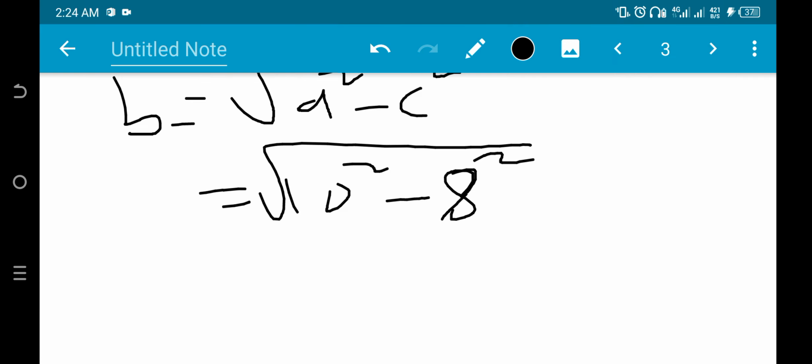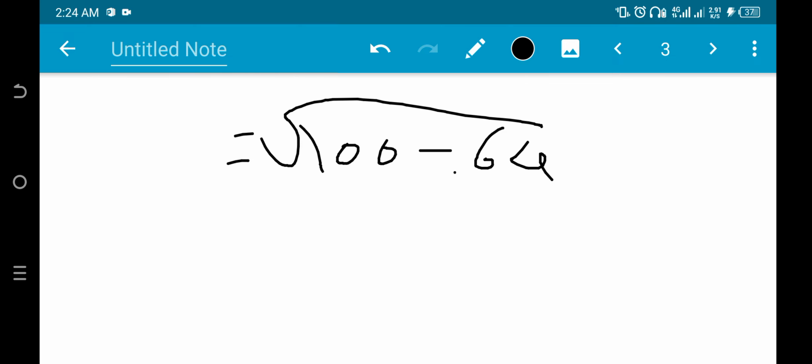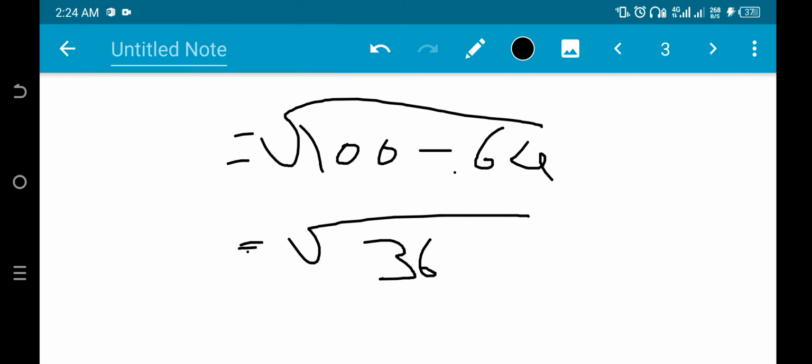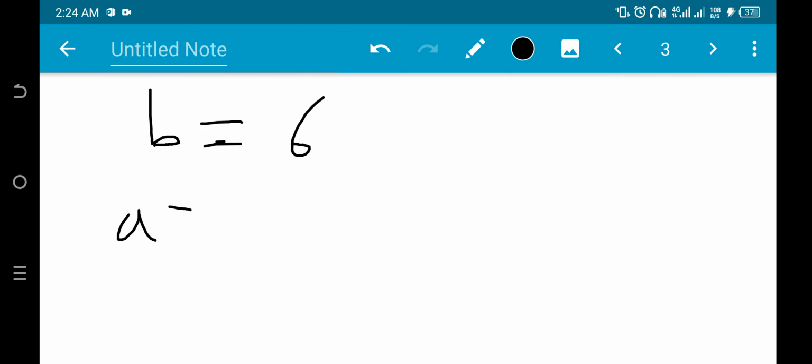This is just the same as 100 minus 64. So this will end up simplifying to what? The root of 36. So meaning b will equal to 6. This is our b. So now we know that b is 6, a is 10, c is 8.